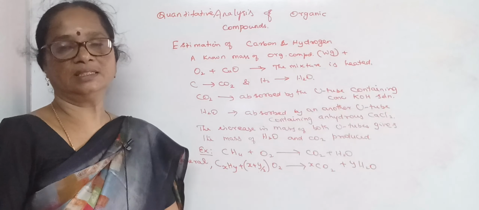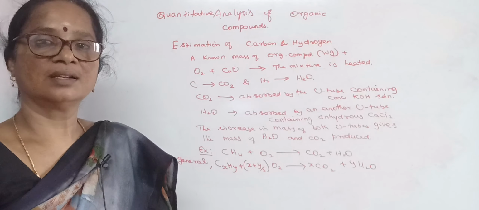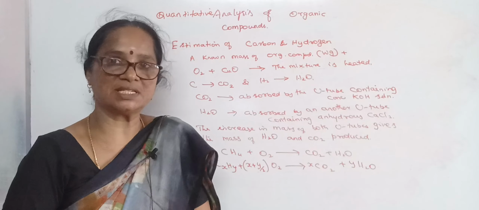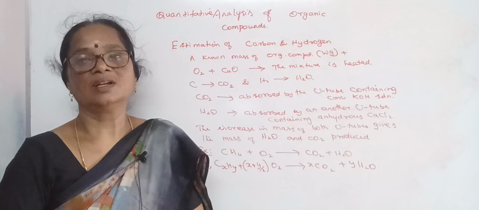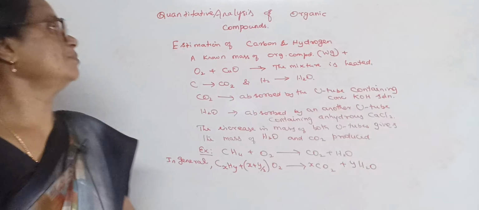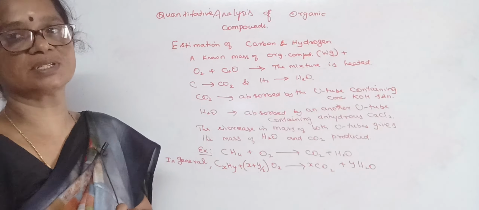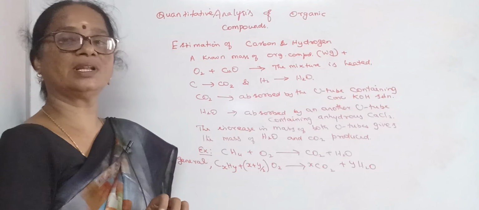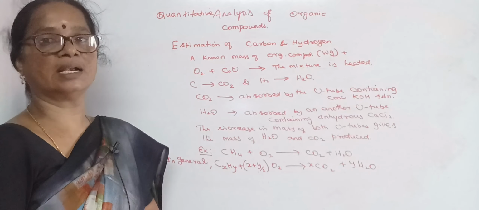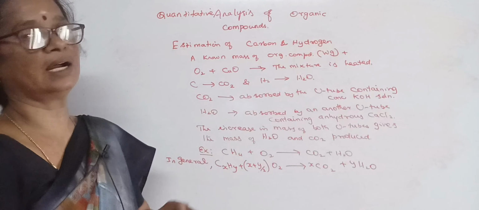So after the detection of elements, we have to estimate how much percentage of each element is present in the organic compound. That can be done by different methods. These methods are known as quantitative analysis of organic compounds, by which we can calculate the percentage of each element present in a given organic compound. Let us take first of all the estimation of carbon and hydrogen.